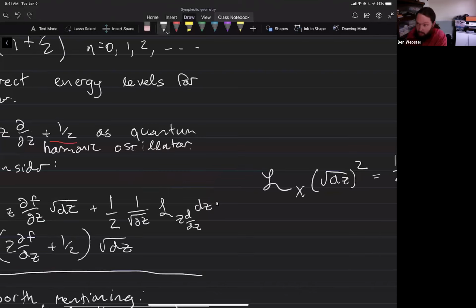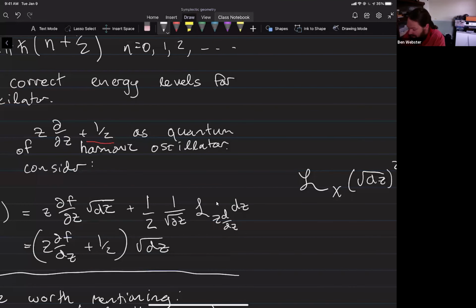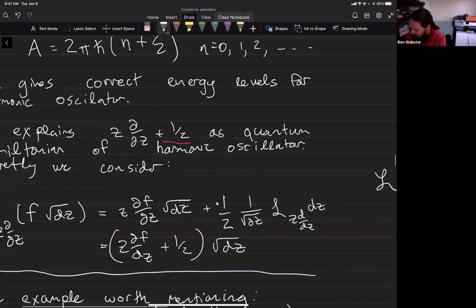You'll get the usual rule for differentiating a square root: 1 over the square root times the Lie derivative of dz, and then a 1/2 because of the 1/2 in the square root and the chain rule. This term is just dz. So this term involves the divergence of the vector field, but you get a half.